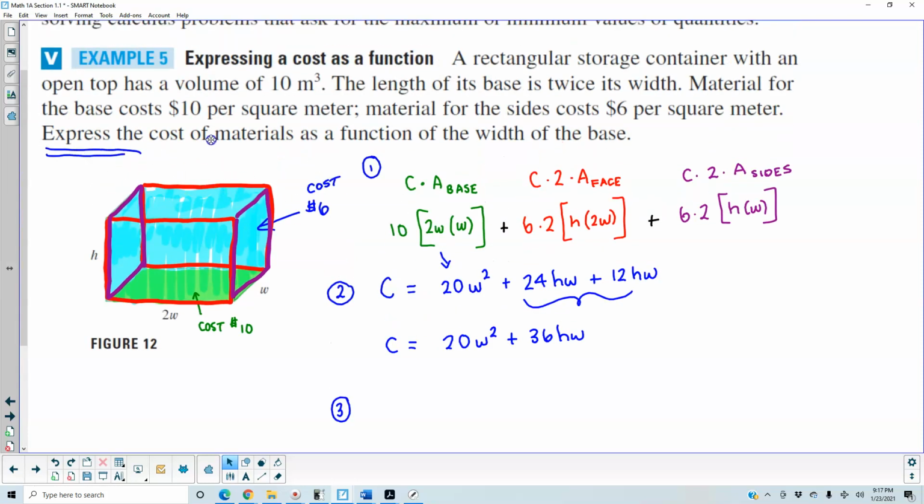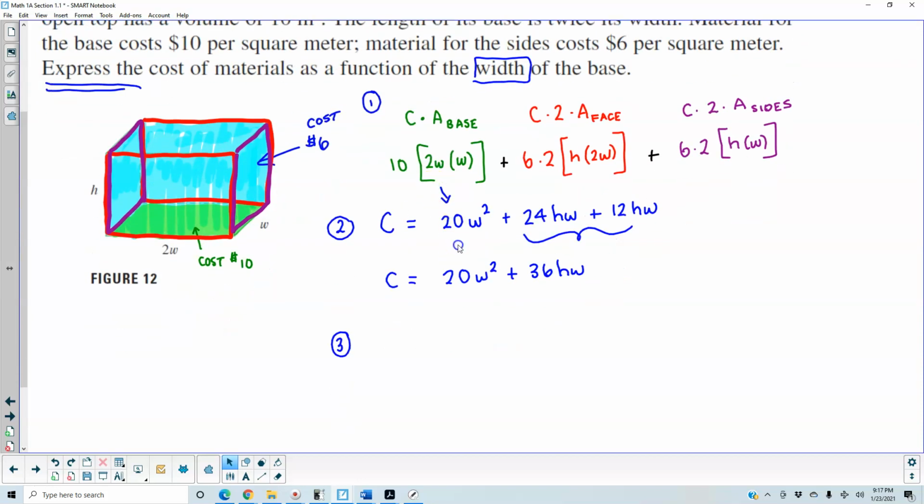Now in part 3, we need to go back and look at the question. It says express the cost of materials as a function of the width. So that means we need to have this as a function C of W, which means that if we plug in the width, all the variables on the right hand side have to be w, but we have this h that we need to write in terms of the width.